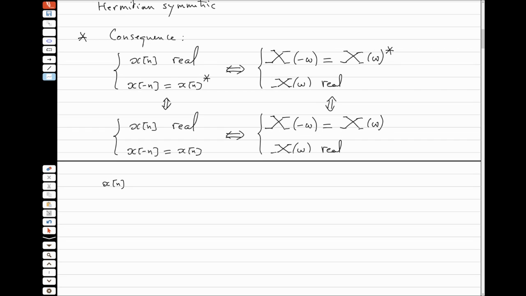I said X hat of n, the X with the line on top with the n. No, okay. The real answer, the good answer is from Veronica. She said real and even. That's it. So saying this is the same as saying this, which is also the same as saying that.